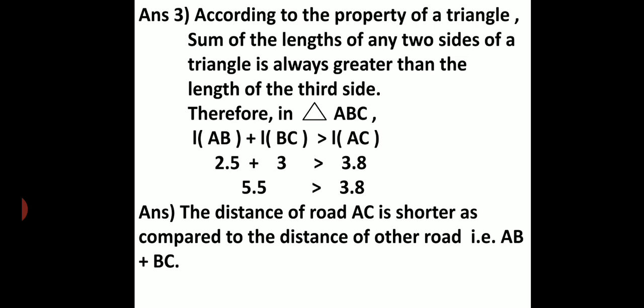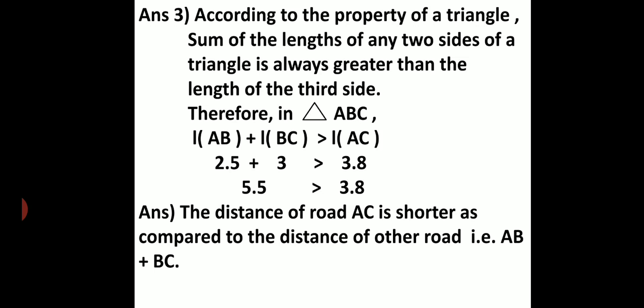So now children, will Avinash select the AC road or will he select the combination of AB and BC road? Will he select to walk the distance of 5.5 centimeter or will he select to walk the distance of 3.8 centimeter?